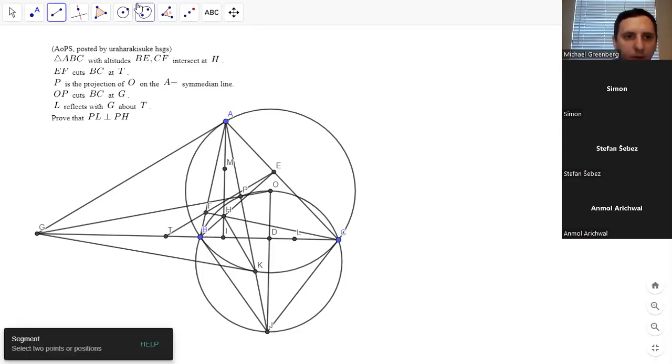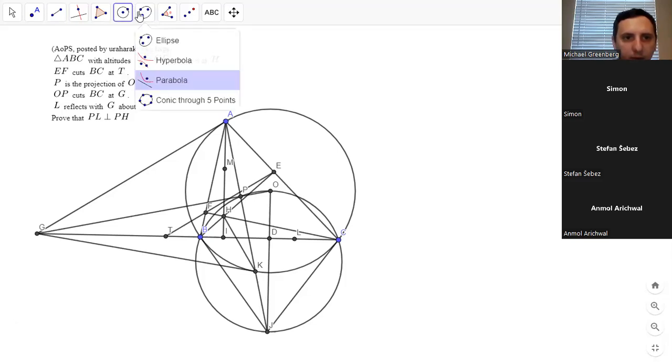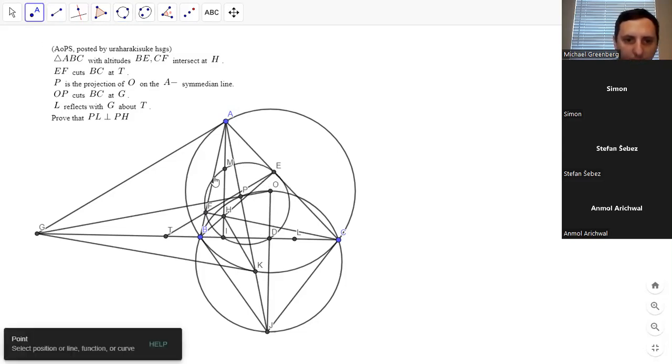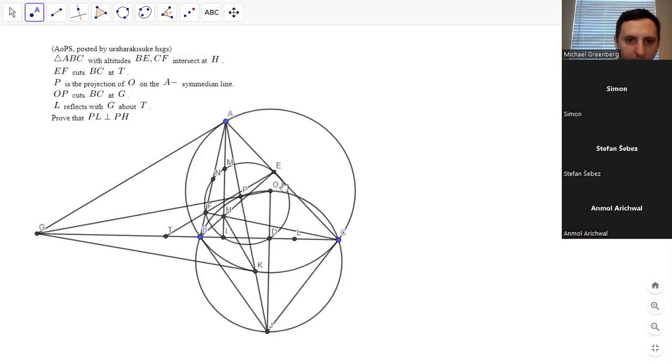The 9-point circle. That's an interesting idea. So yeah, that passes through the two midpoints. And then we have ANPOQ as cyclic.